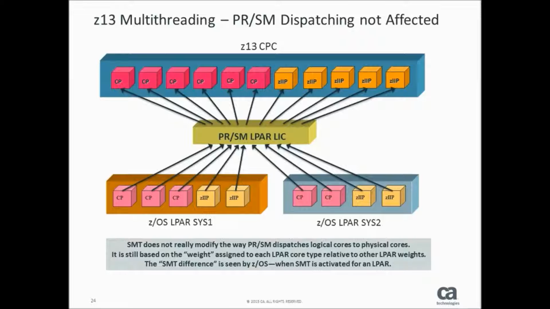So you can make certain LPARs more important than other LPARs from a PR/SM dispatching perspective, who gets the most time on the real cores, by adjusting the weights of your various LPARs.